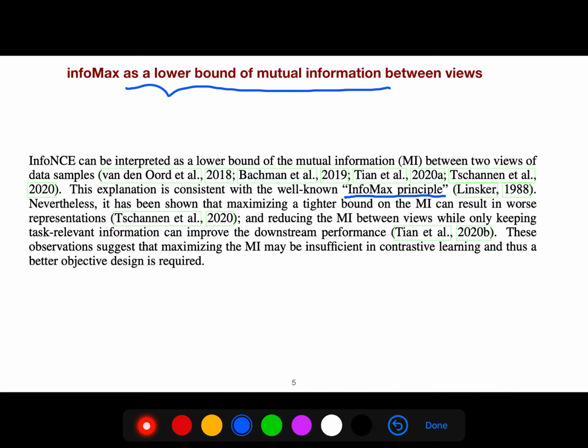Nevertheless, it has been shown that maximizing a tighter bound on the mutual information can result in worse representations, and reducing the mutual information between views while only keeping task-relevant information can improve the downstream performance. These observations suggest that maximizing the mutual information may be insufficient in contrastive learning, and thus a better objective design is required.